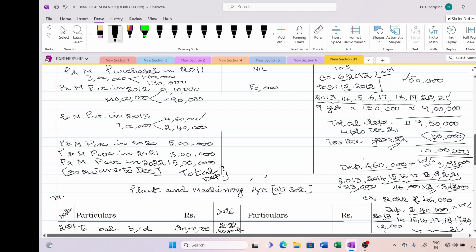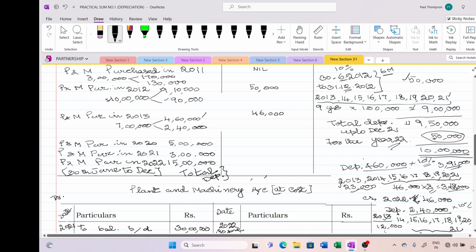So the left out book value is 4,60,000 minus 3,91,000, which is 69,000. So we can depreciate it for the full year. Full year it is 46,000. So I am going to depreciate this machine for 46,000 for this year, because the book value available is 69,000.